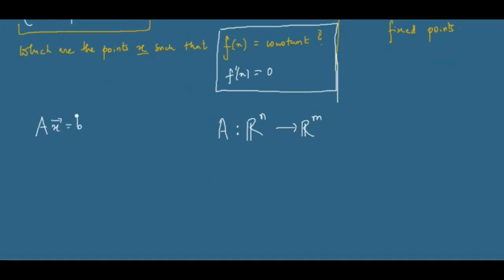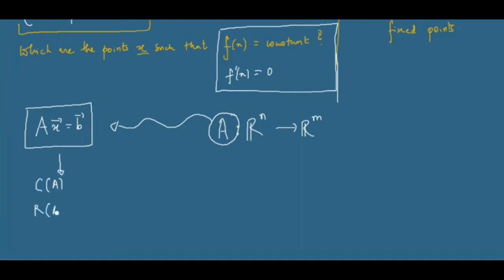I hope all of you are now confident in solving equations of the form Ax = b. We have seen how A plays a big role in terms of column space, row space, and null space.